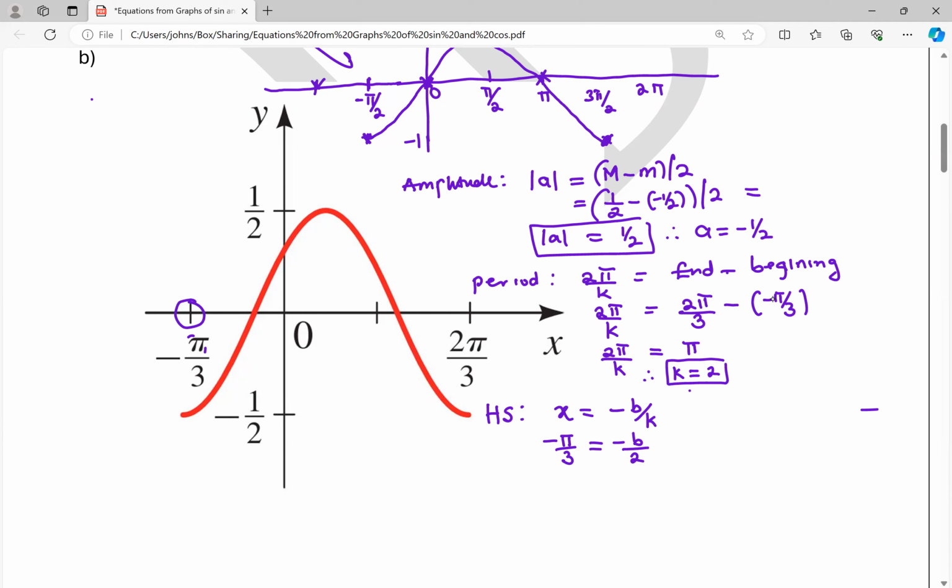And now minus will go with minus. So we will have 3b equals to what? 2 pi. And that means that b is equals to 2 pi over 3.